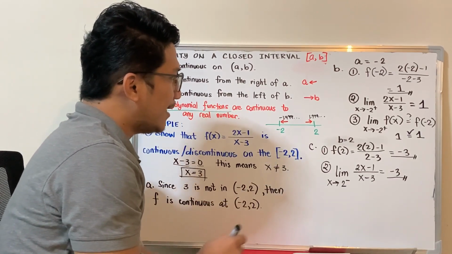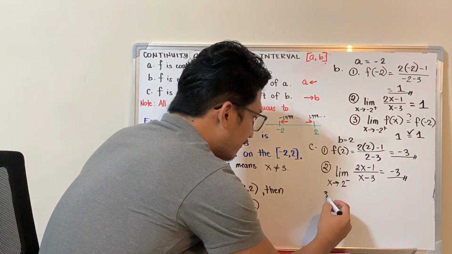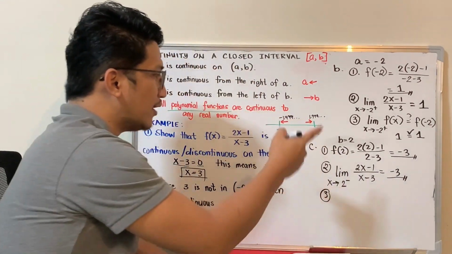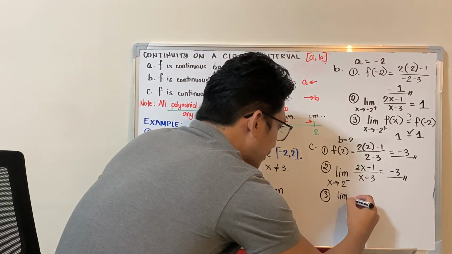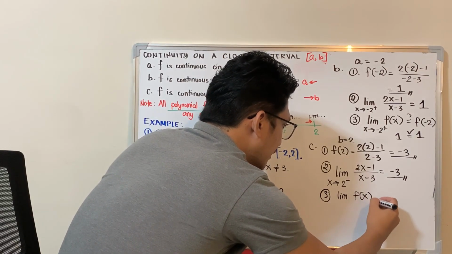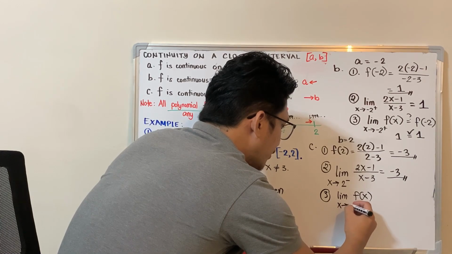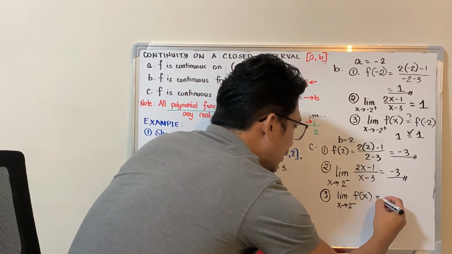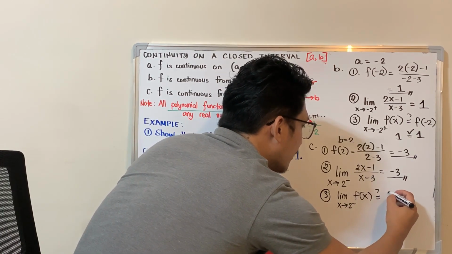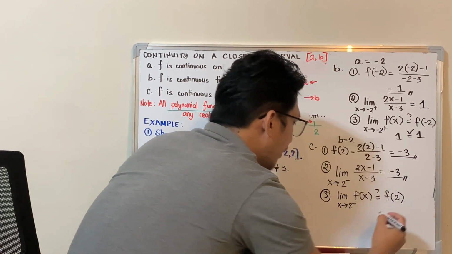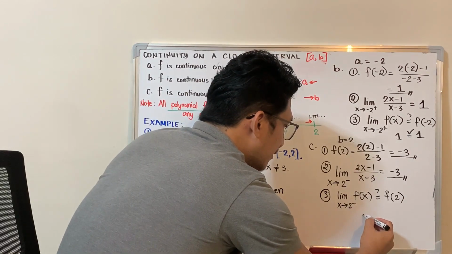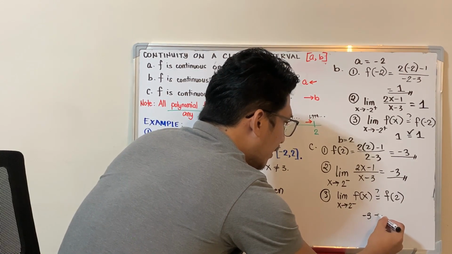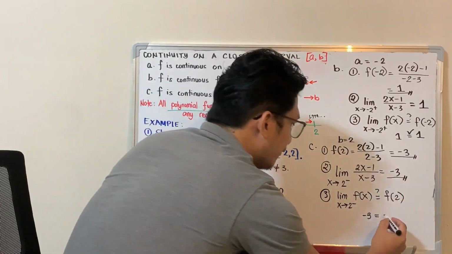And then, lastly, number 3, we have to check if equal ba ang limit o ang kanaang f of 2. So, is the limit of f of x as x approaches 2 from the left equal to f of 2? Well, of course, no, kung makita nato, ang limit nato is negative 3 and f of 2 is also negative 3.